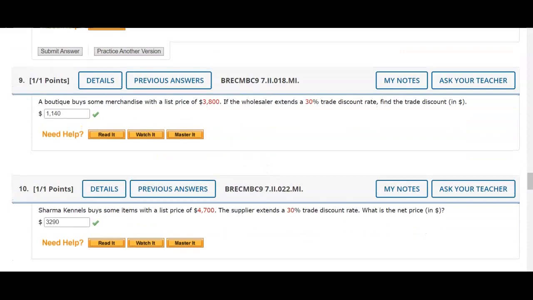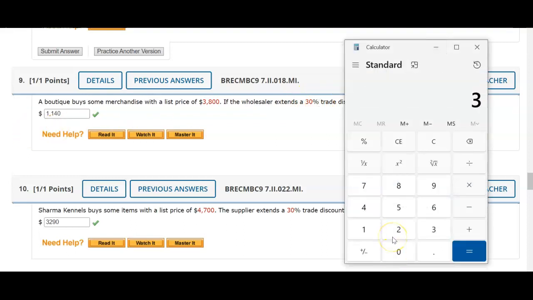Number 9, we have a list price of $3,800 and a discount rate of 30%. To find the discount, you take the list price and multiply it by the discount rate, and that will give you the discount. So 3,800 times, now remember 30%.